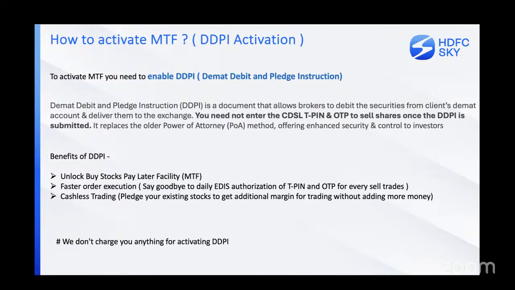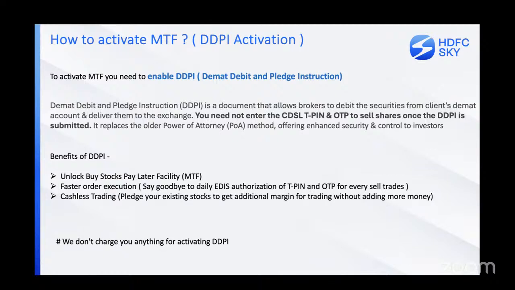As I mentioned, DDPI is nothing but demand, debit, and pledge instructions. Now what happens is whenever you open an account and you start trading, buying and selling shares, when you buy the shares you don't have any problem.